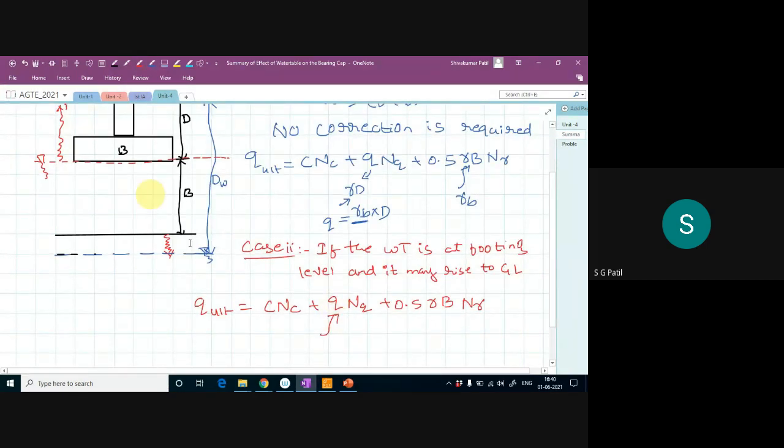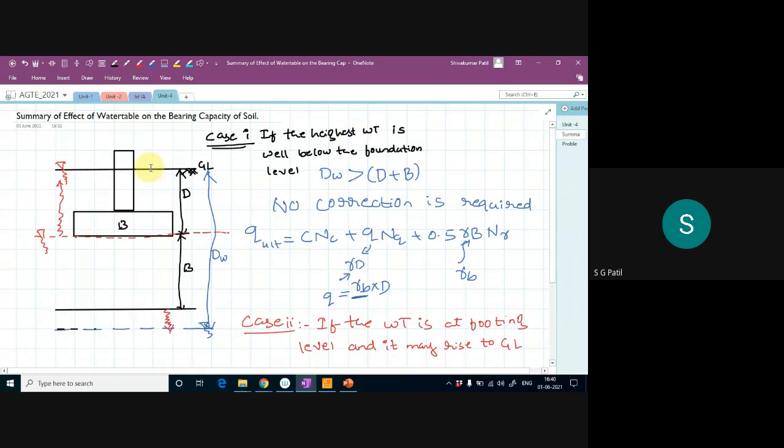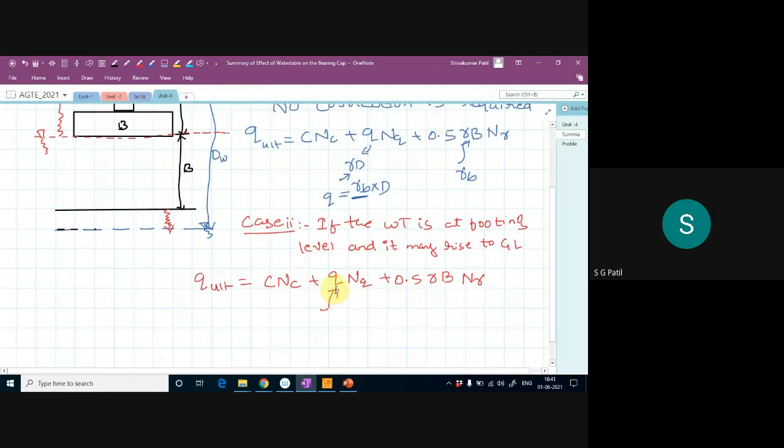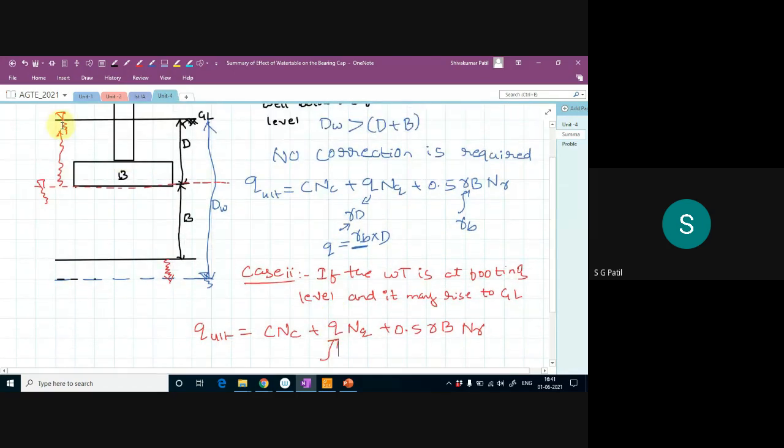Now this Q N_Q is affecting both this soil and this soil. So in both parameters I should take the submerged unit weight. Once the water table rises to ground level, this soil will lose some weight because it is in a submerged condition, and this soil also will lose some weight. So I have to take the submerged unit weight, gamma dash, in this calculation.